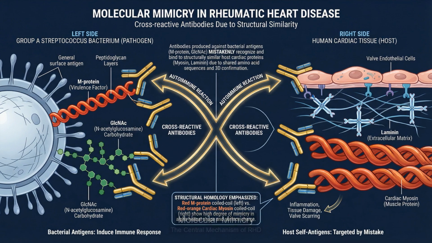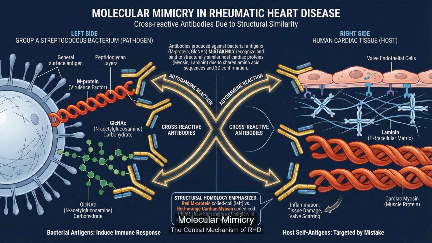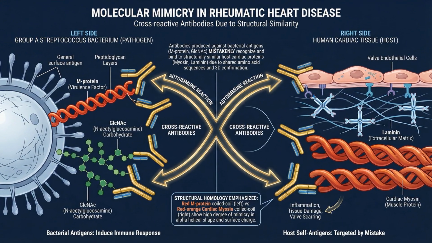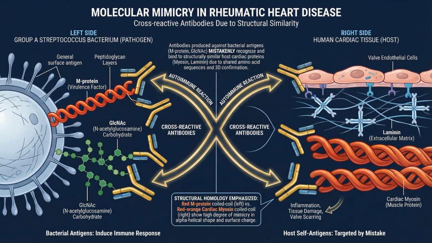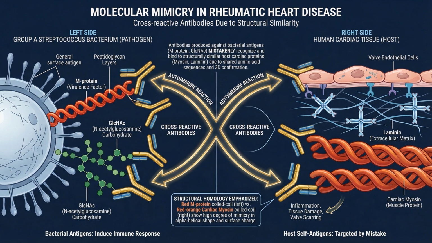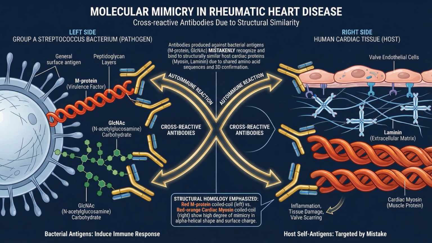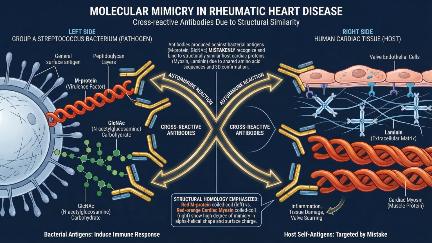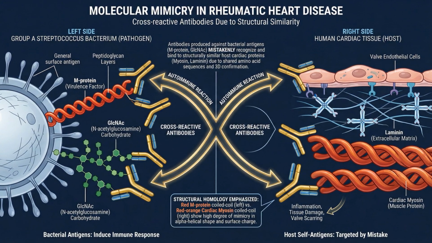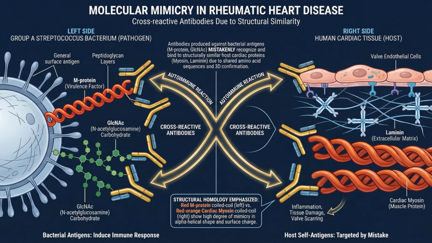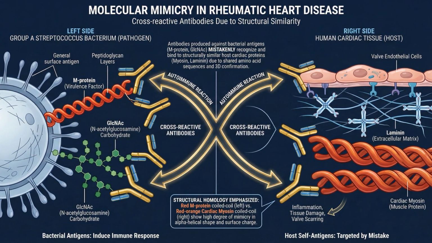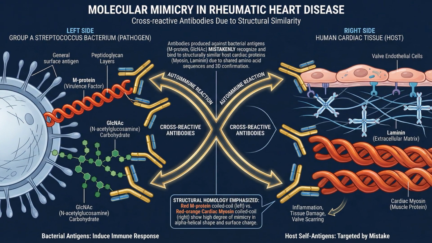The cornerstone of RHD pathogenesis is a phenomenon known as molecular mimicry. The bacterial M protein and GLC-NAC epitopes bear a striking structural resemblance to endogenous host proteins. Specifically, they mimic the alpha helical coiled coil structures of cardiac myosin, laminin, vimentin, and tropomyosin.